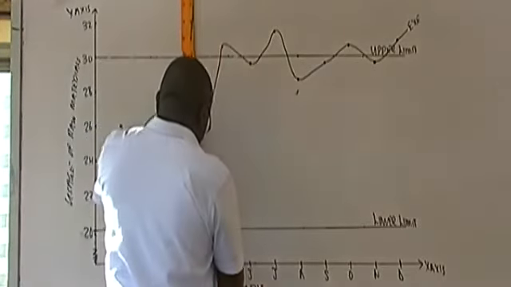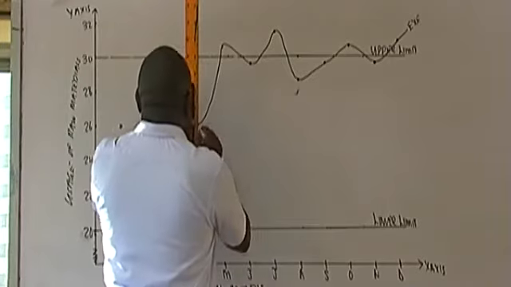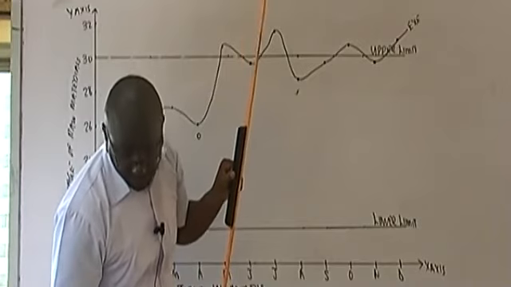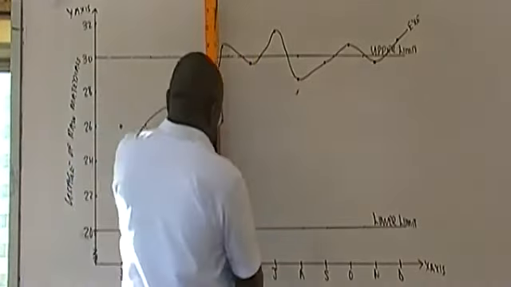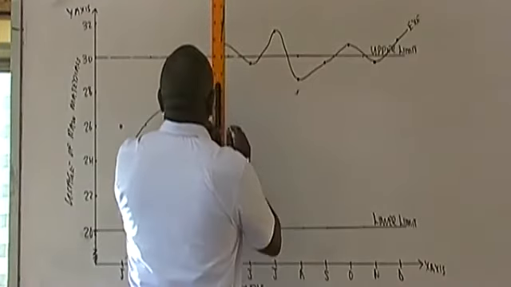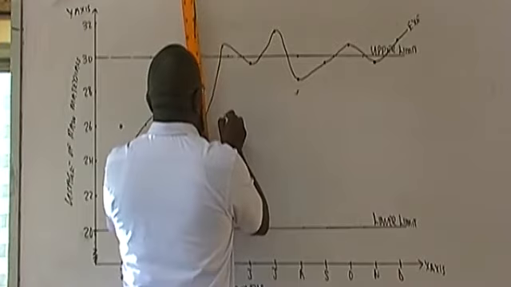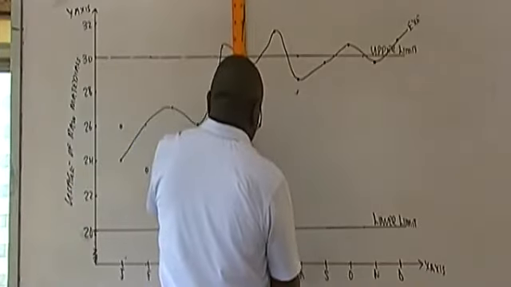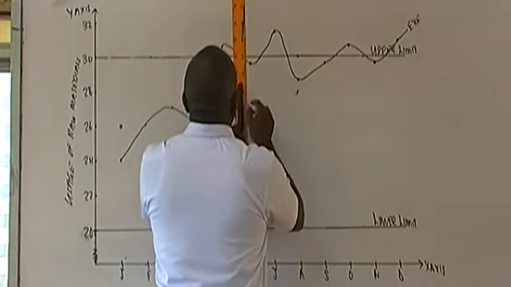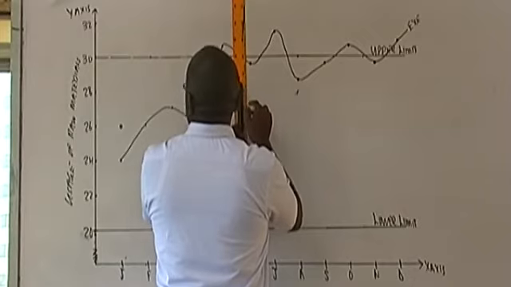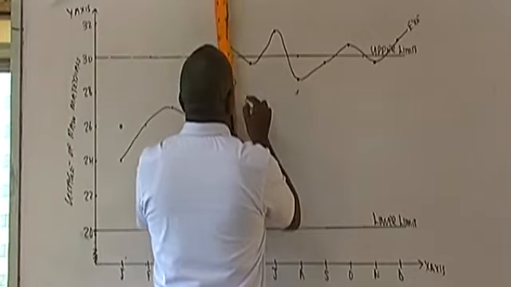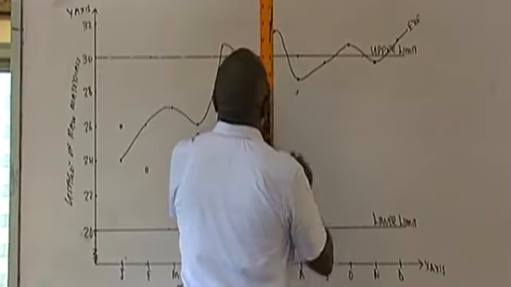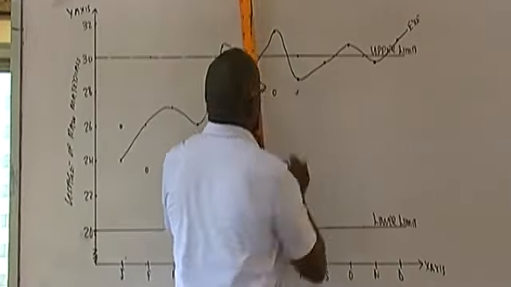Followed by 25,250 somewhere here. Followed by 26,250. 26 is this one, so 250 here. Followed by 27,750. This is 27. 27 is here, so somewhere here. Then 28. We have 28 here.